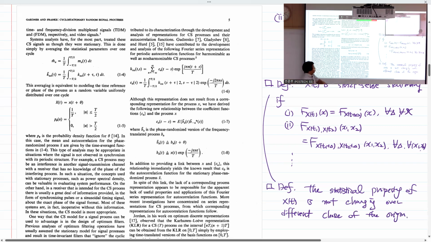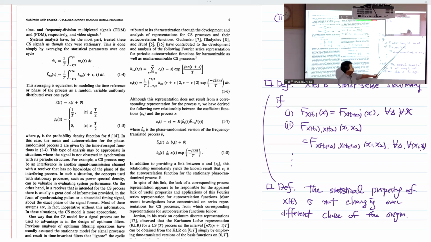Why? As you see here, what does this mean? Your choice of t equals 0 doesn't matter, right? The first order CDF is the same at t1 and same at t2.